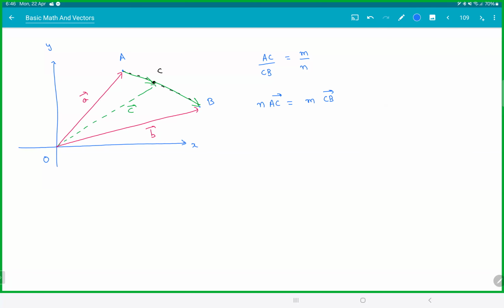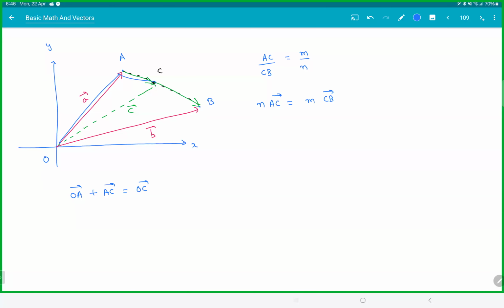So what is AC bar? From triangle of vectors, AC bar is from O to A and A to C. So that is nothing but, let me write it down here. You can clearly see from here OA bar plus AC bar is nothing but OC bar. Agreed?